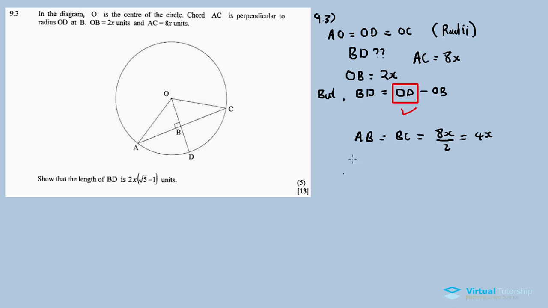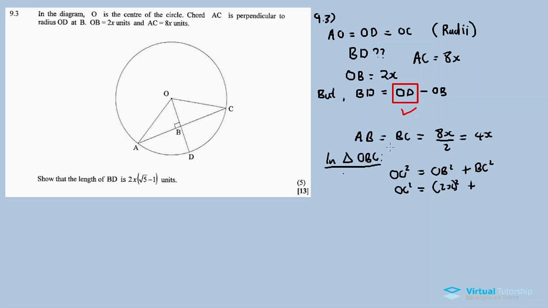So let's pick a triangle. Let's say in triangle OBC, this is what's happening. OC squared is equal to OB squared plus BC squared. So OC is unknown, this is equal to OB, which is 2x, squared, plus BC.